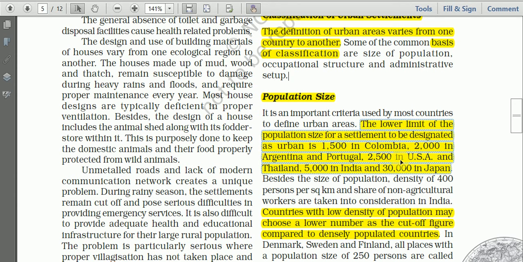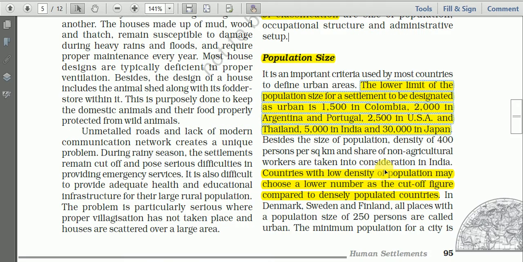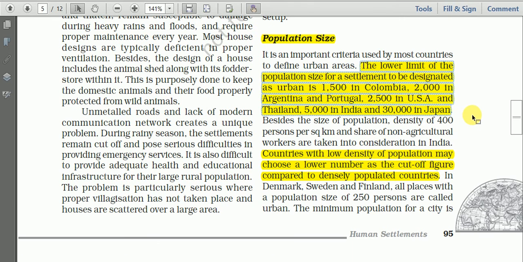Likewise, in USA, the lower limit for a settlement to be designated as urban is 2,500, in USA and Thailand. In the case of India, it must be 5,000, and in the case of Japan, it must be 30,000. That means in Japan, if you want to call a settlement urban, the population must be at least 30,000. Then let us see further.